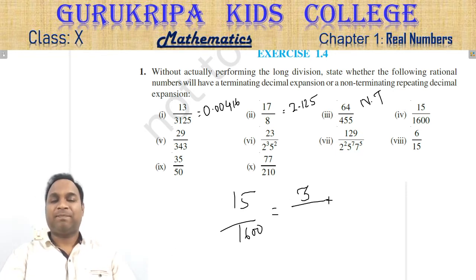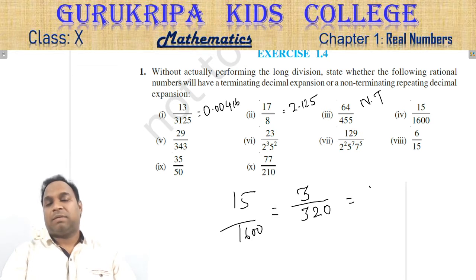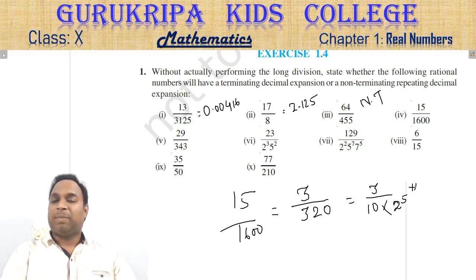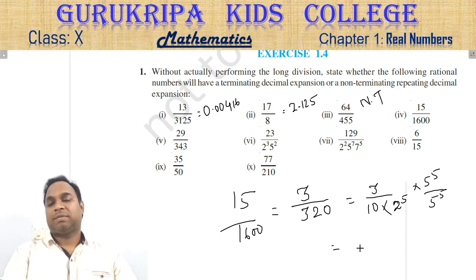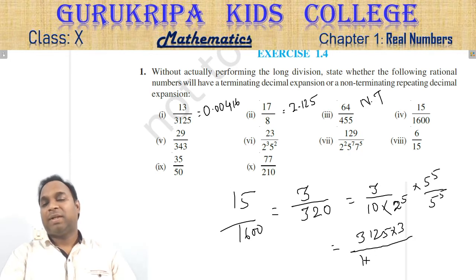We'll be left with 3 upon 320. Now do this. 10 into 2 to the power 5 multiplied by 5 to the power 5. What do you get? 3125 into 3 divided by 10 into 10 to the power 5. What do you get? 10 to the power 6 comes in the denominator.